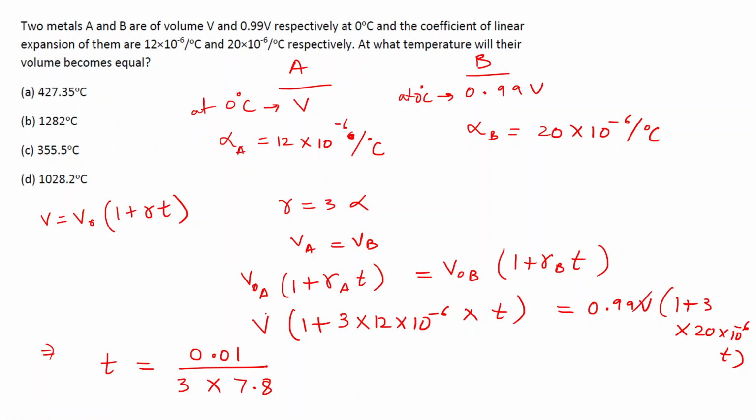Actually V will get cancelled, and the remaining are numbers except T. So when we solve this, you can try and do it, and from this we'll find out the value to be 427.35 degrees centigrade. So this is the correct answer.